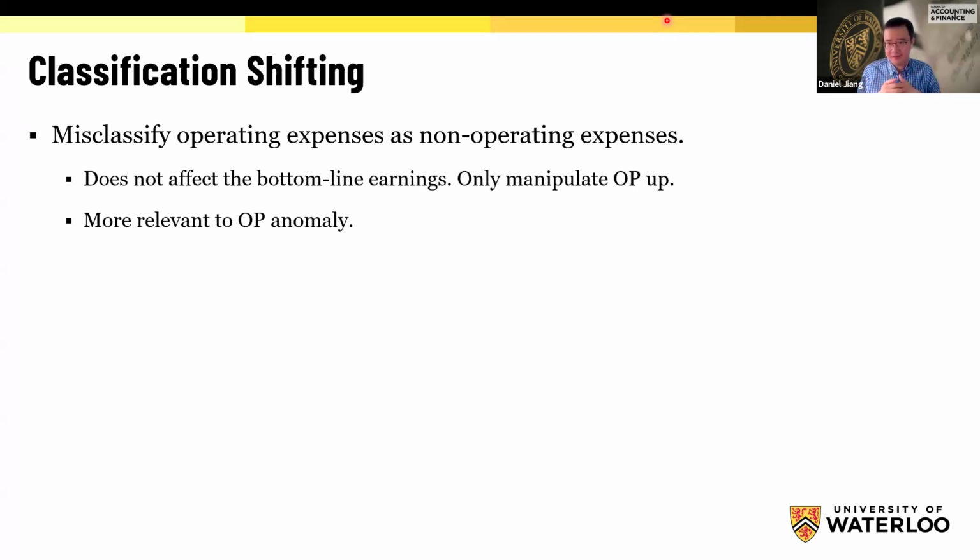And this type of earnings manipulation, in our opinion, is more relevant to the OP anomaly because by misclassifying operating expenses as non-operating expenses, firms manipulate their operating profitability up, which suggests that their reported operating profitability has a low quality.